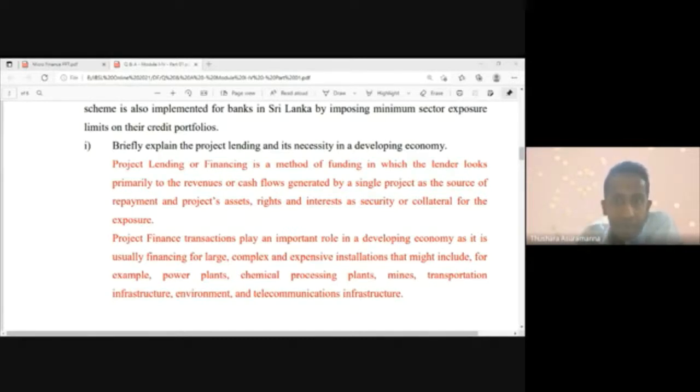Examples are infrastructure projects such as chemical plants, transportation, and the like. When you write in that way, there may be 5 points that we have addressed here. Suppose the examiner wanted us to write about project lending only, explain project lending, infrastructure financing, project financing, then you need to write 4 points minimum.